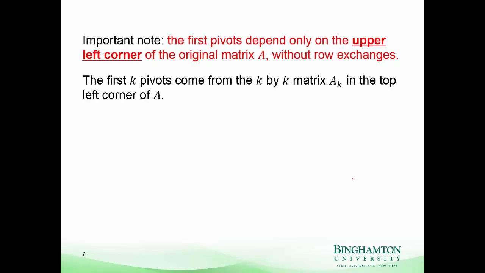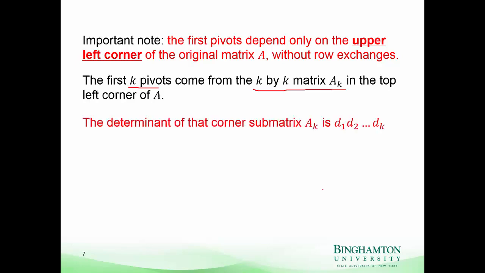But in general, we didn't really prove this, but we're trying to motivate it here, that the first pivot depends only on the upper left corner of the original matrix A without row exchanges. In other words, to extend that, the first k pivots come from the k by k matrix A_k in the top left corner of A. Again, we're assuming we don't have to worry about row exchanges, but we know that we can always handle the row exchanges by just dealing with signs.